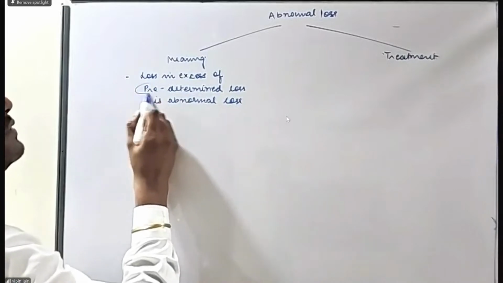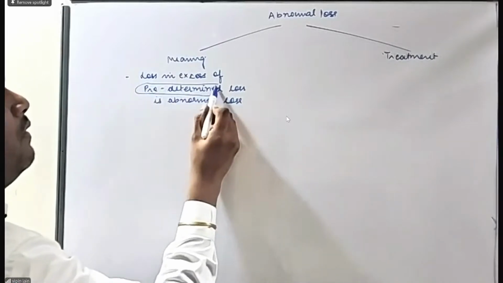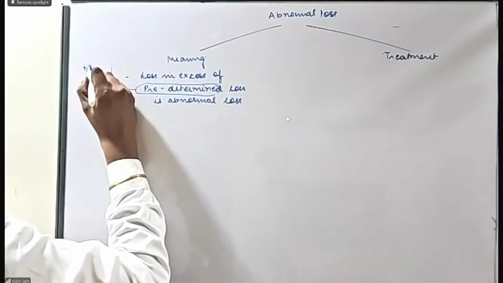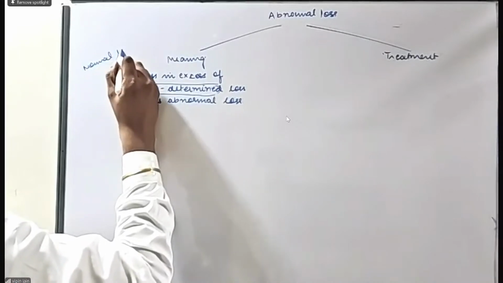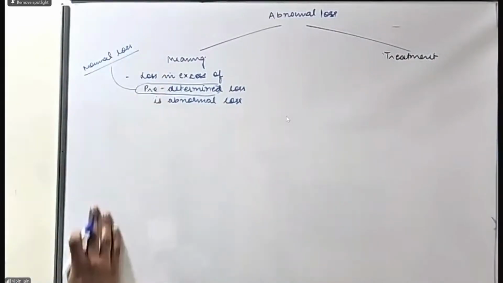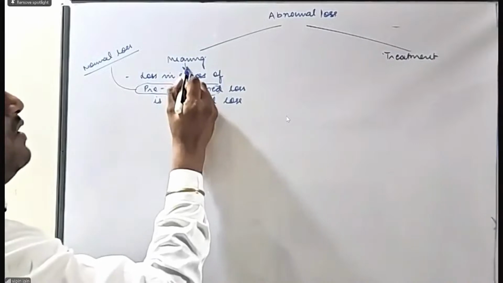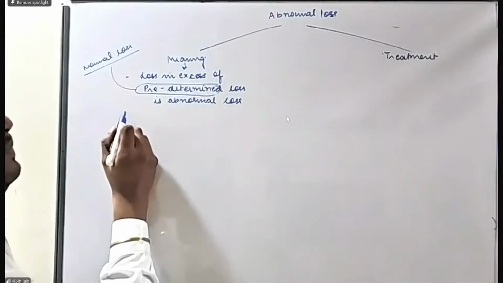When talking about the word predetermined, the loss in excess of predetermined loss is abnormal loss.